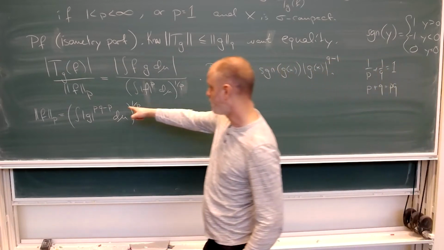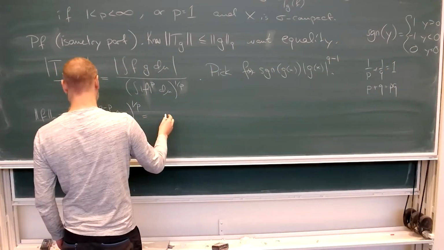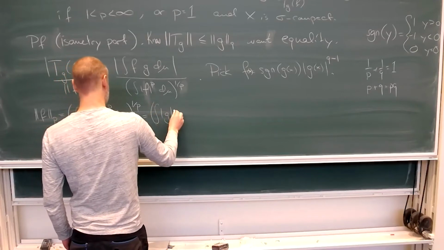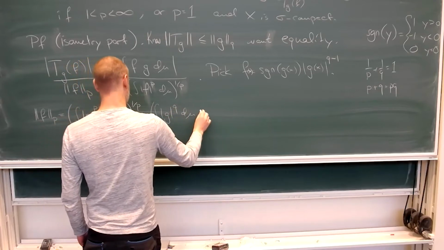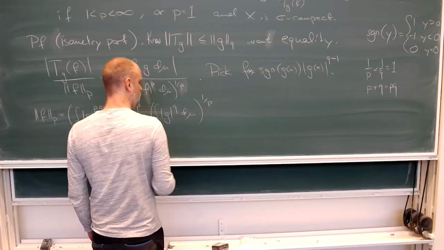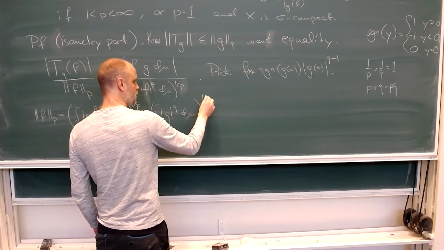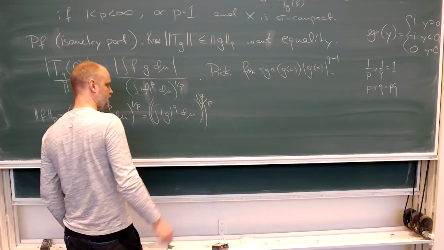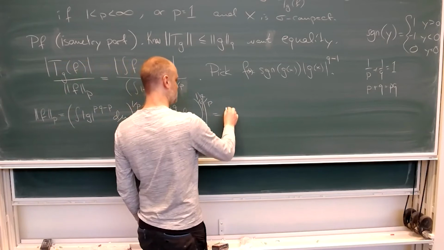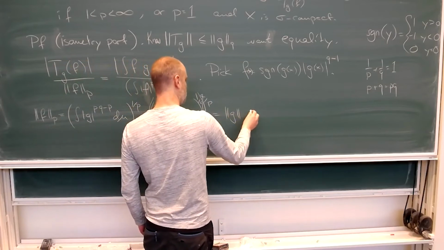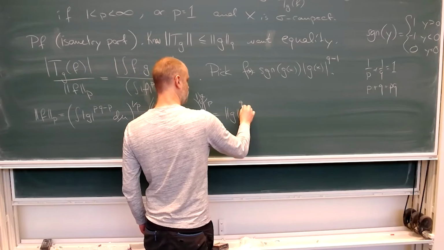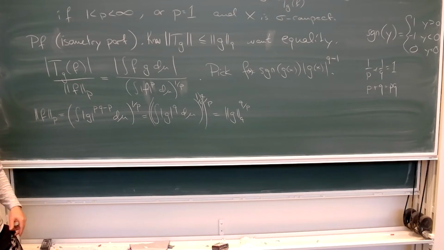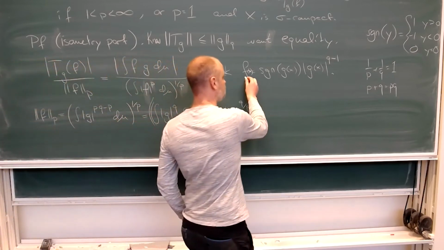So we see that what's written here is actually just the norm of g in L^q to the power of q divided by p. All right, so that was a finite number, so at least the function I have chosen is in L^p.